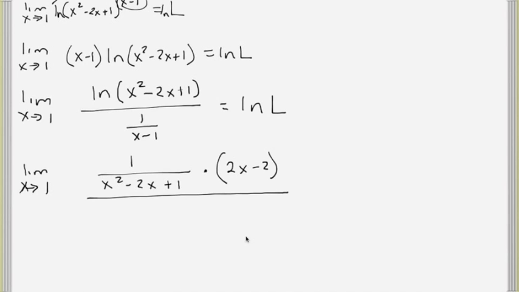On the bottom, to take the derivative of this, I'm going to think about this as being x minus 1 to the negative 1. That way I get to avoid my quotient rule, otherwise I would need a quotient rule down there. Since it's just a 1 on top, I'm going to write it with a negative exponent. So then my derivative is going to be negative x minus 1 to the negative 2.